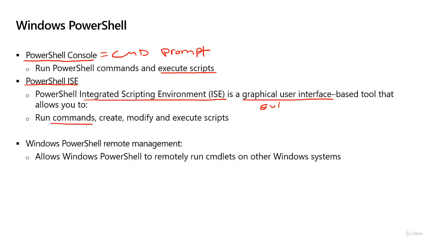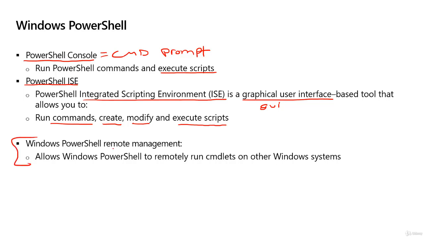You can run commands like you could in the console. You can also create scripts here. If you already have a PowerShell script, you can modify scripts. You can execute scripts. So this is really the full capabilities of PowerShell in this PowerShell ISE. So those are the two tools we'll use, the console and the ISE.